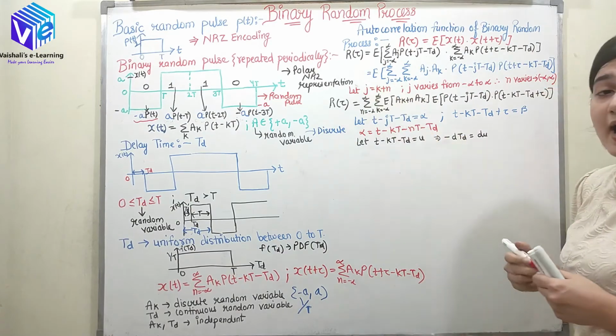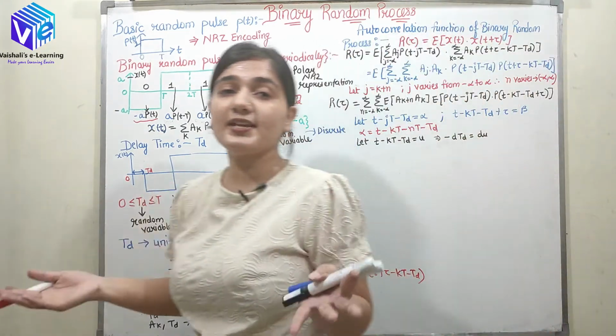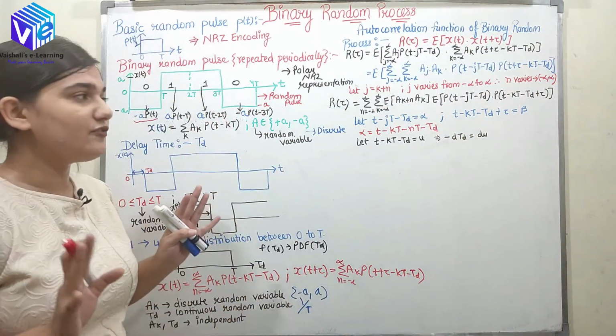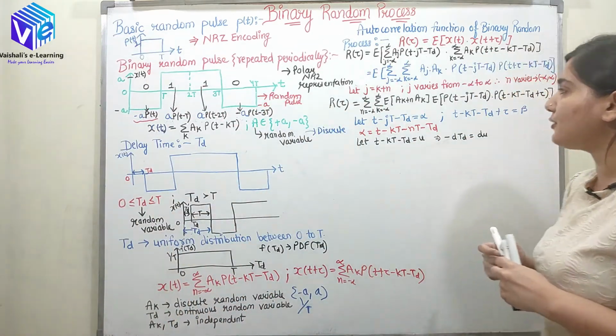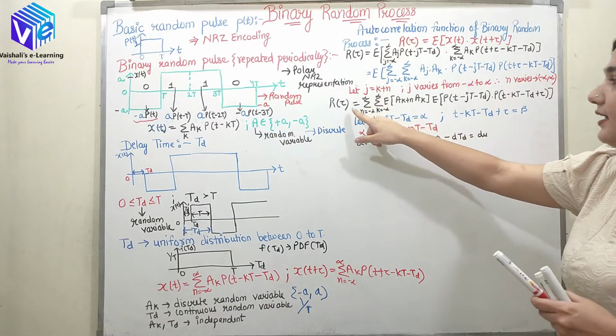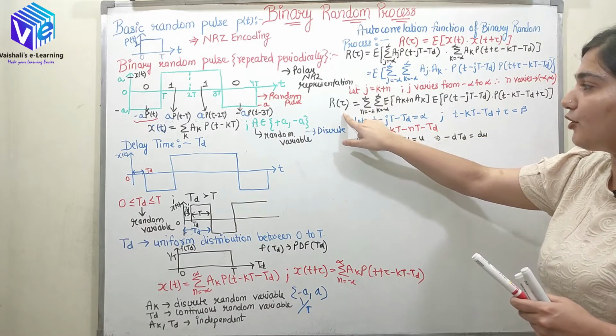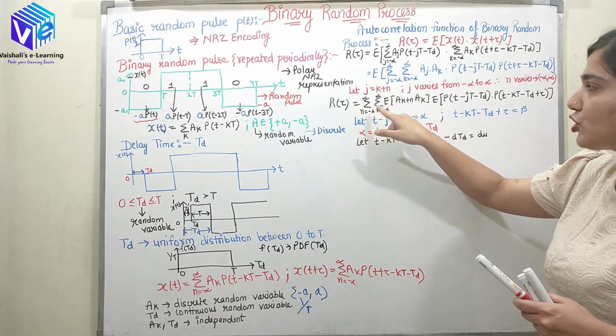So I concluded that when j is varying from minus infinity to infinity, my n is also varying from minus infinity to infinity. Now I have represented the autocorrelation function in terms of n.